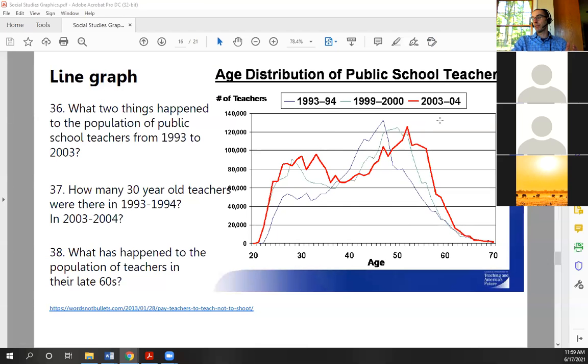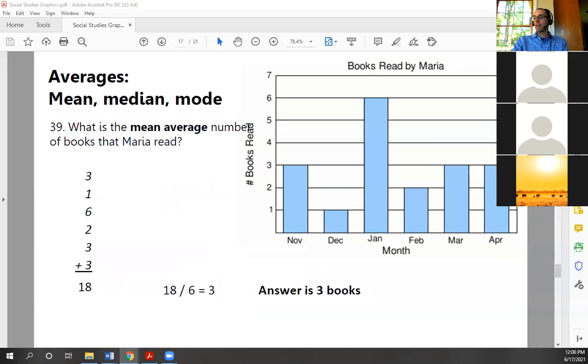This is pretty old information, 2003, 2004. You could do it for this year, and I wonder if it would be different, right? So this is kind of a tricky thing here. Sometimes on a bar graph, you're going to see multiple pieces of information. This is three different school years. Okay. All right. Let's look.